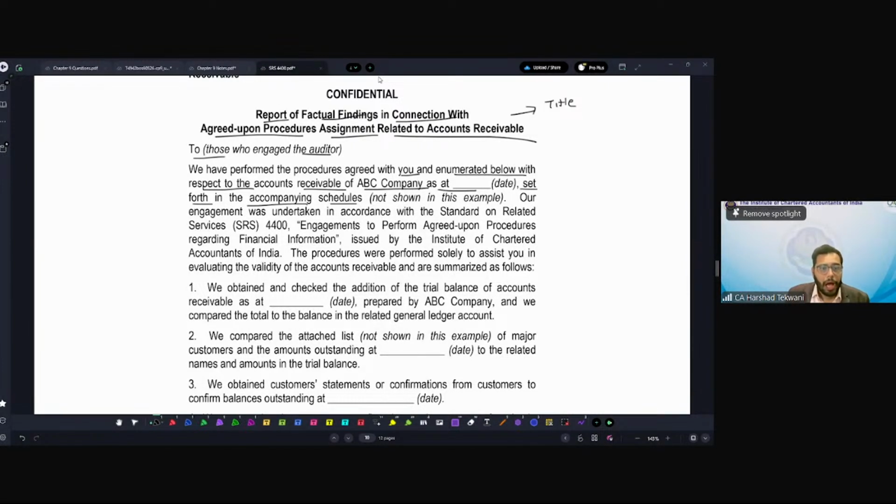Our engagement was undertaken in accordance with the SRS, the name of the SRS issued by ICAI. The procedures were performed solely to assist you in evaluating the validity of account receivables and are summarized as follows.